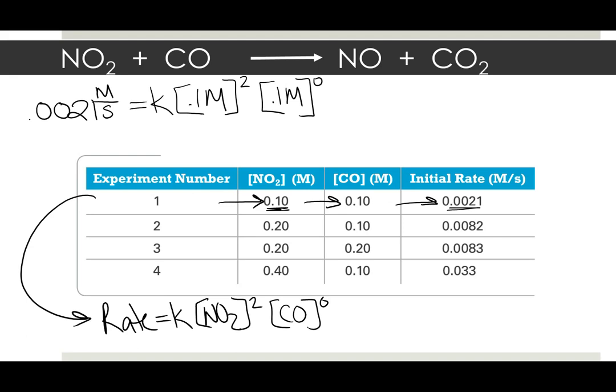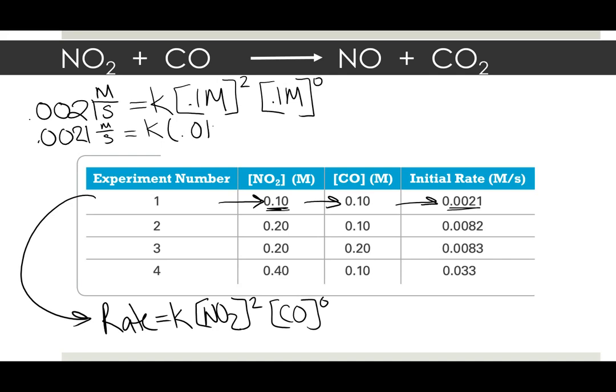All right. Nothing really to do over here on the left side. So I'm just going to rewrite this as 0.0021 molarity over seconds. We've got K. All right, so now we need to square this. So 0.1 squared equals 0.01.